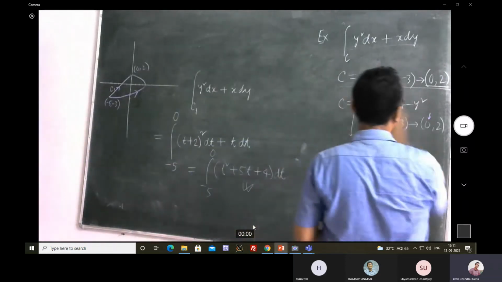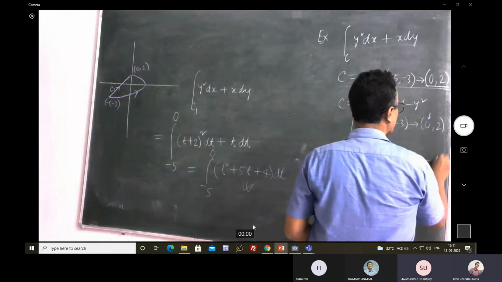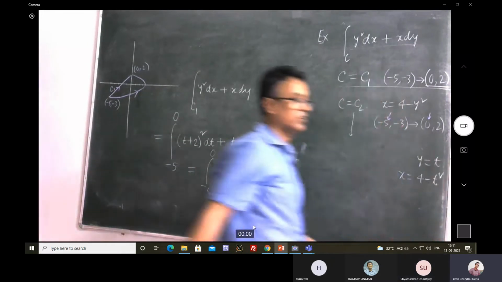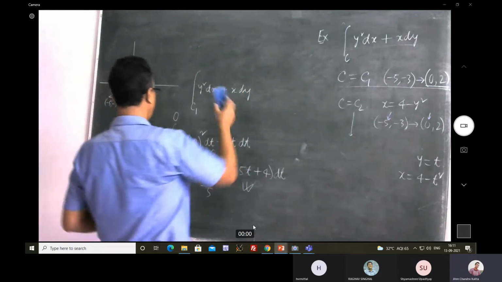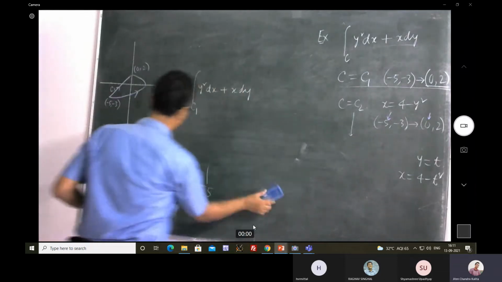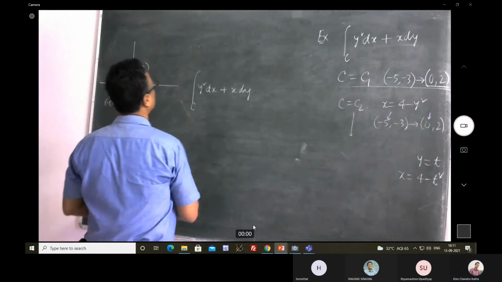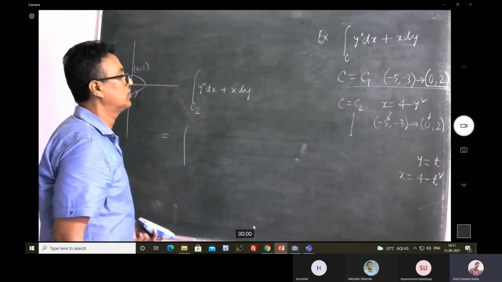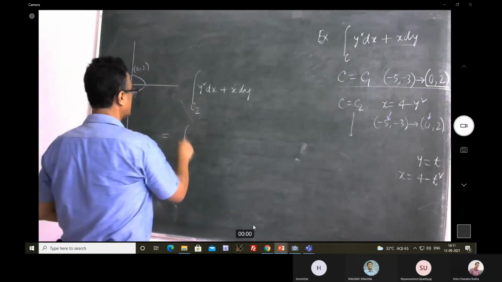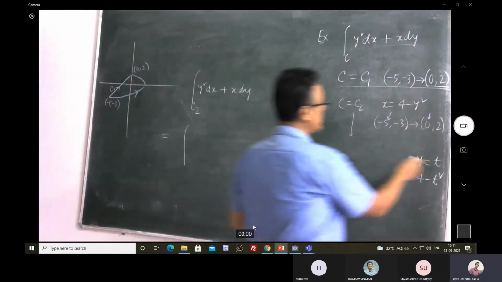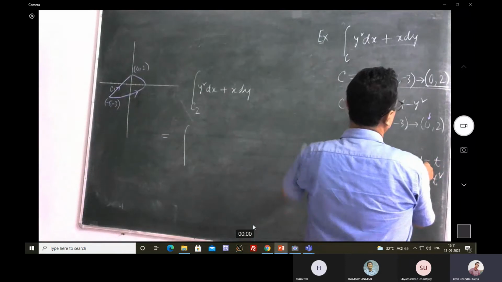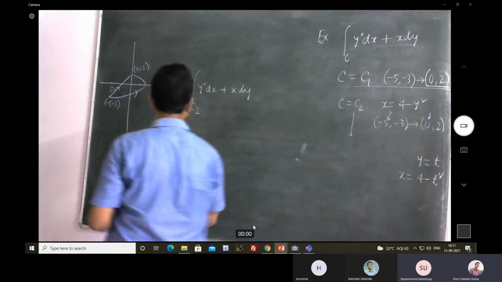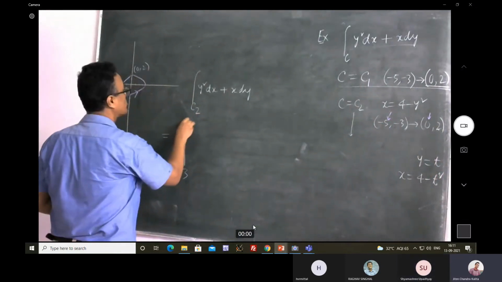So it is easier for me to parameterize it as y equals t, and x equals 4 minus t squared. Now y squared is t squared, and since t is y, and y goes from -3 to 2, the limit is going to be -3 to 2.